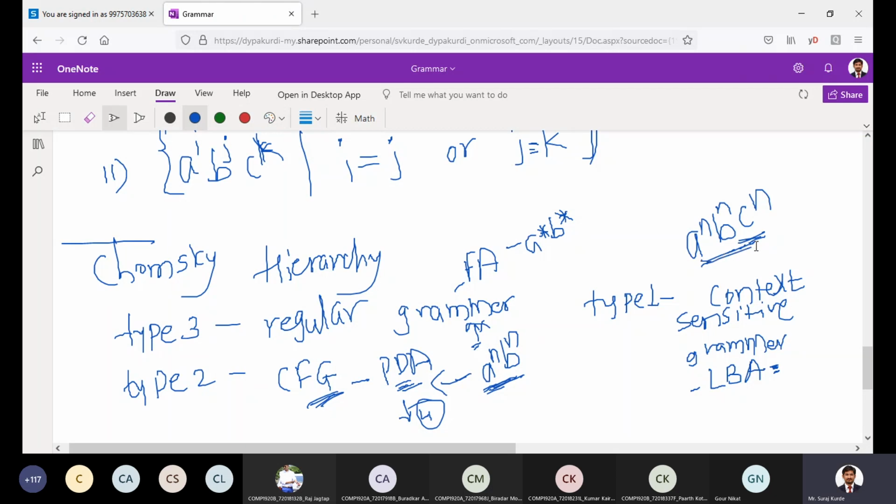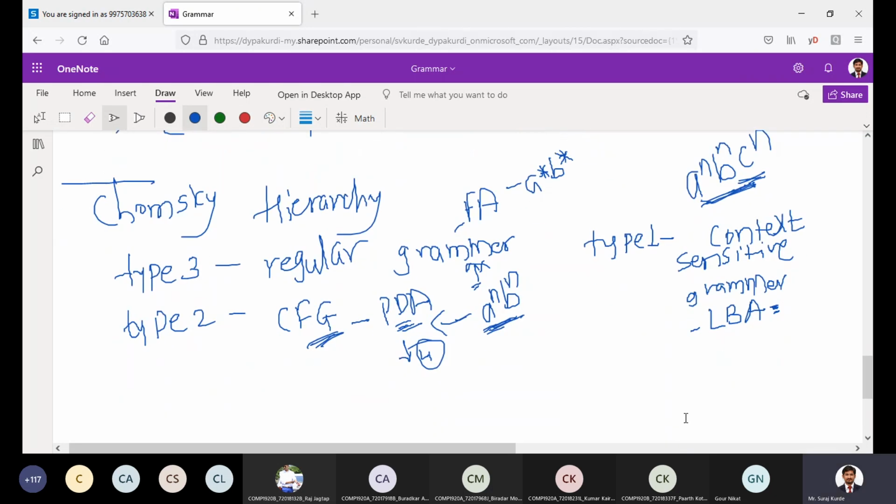This is difficult to match. So how to map that one, that we will see. We will see this example also. And for this, the language is called a decidable language.